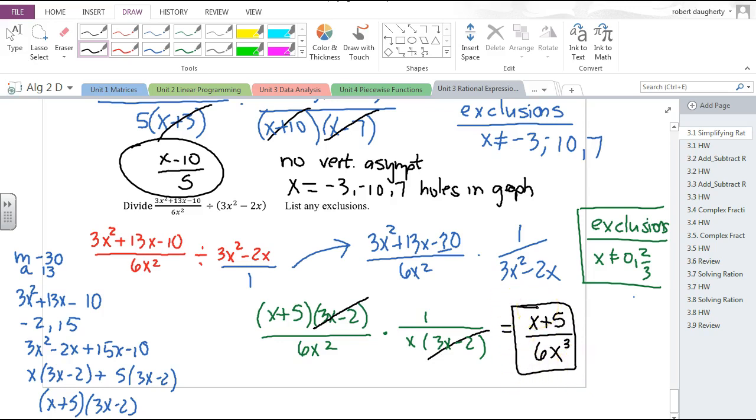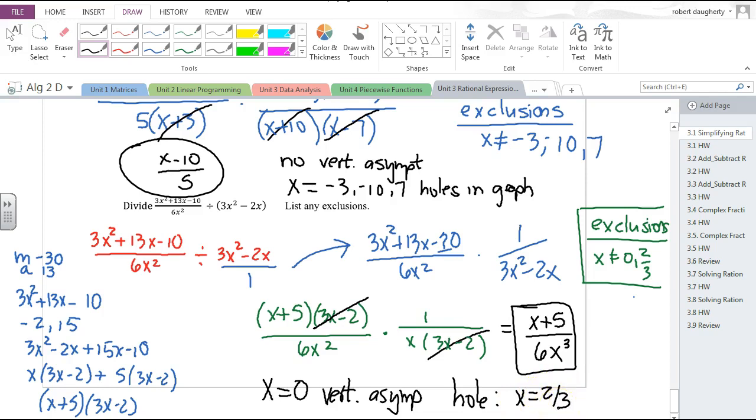So what is the vertical asymptote? X equals 0. You look at your final answer, your exclusion is 0. So x equals 0 is a vertical asymptote. And the hole in the graph would be anything that went away, which was what? X equals 2/3.